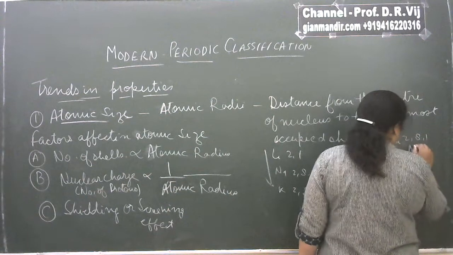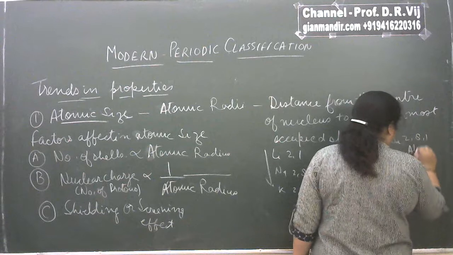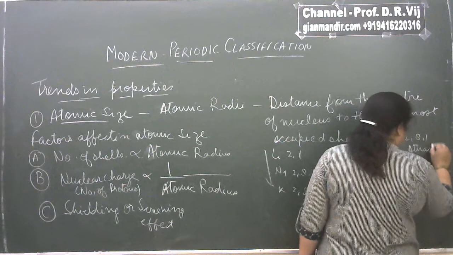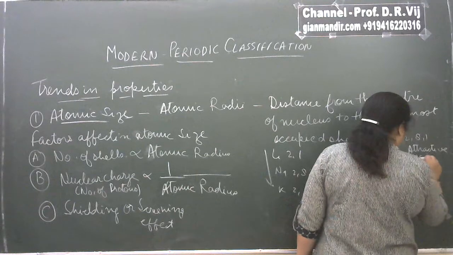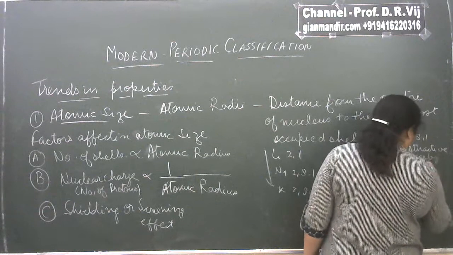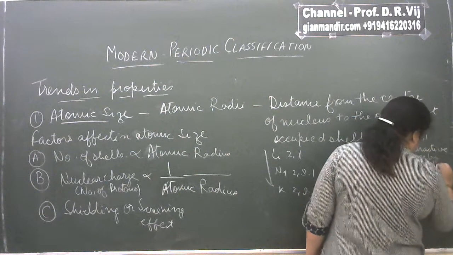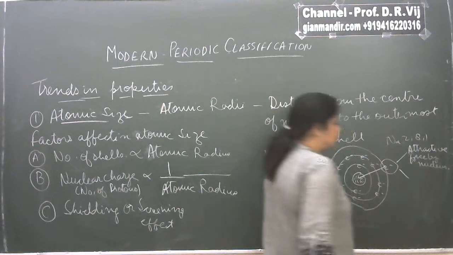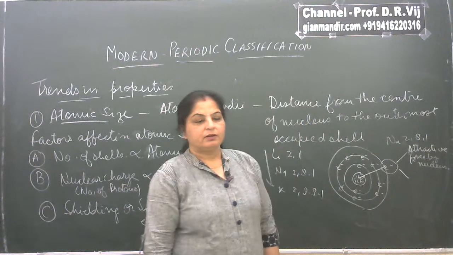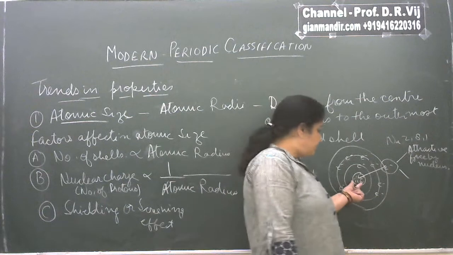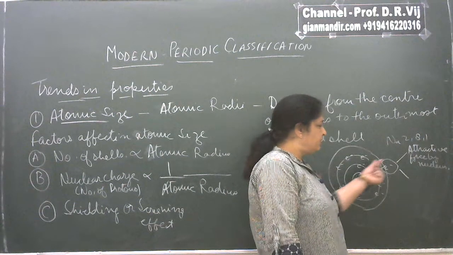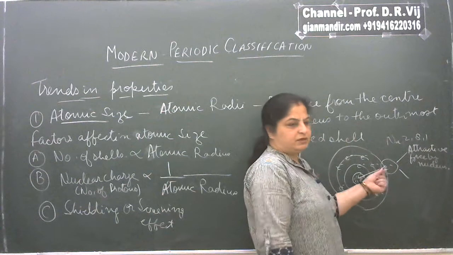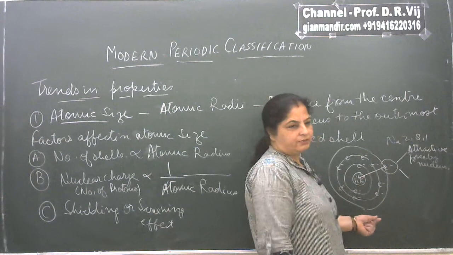The first one is the attractive force exerted by nucleus, right? More are the number of protons in the nucleus of an atom, stronger is the attractive force and smaller will be the size.